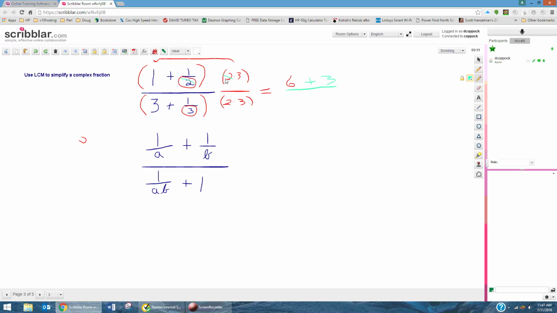Or 1/2 of 6 is 3, however you want to think about it. In the denominator, this 6 times this 3 gives me 18.